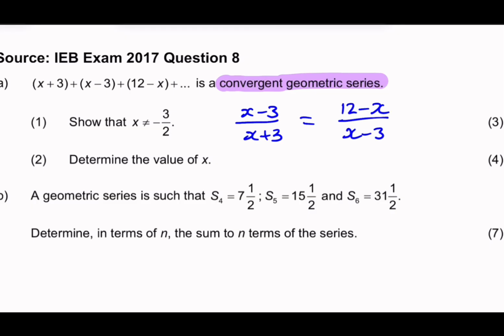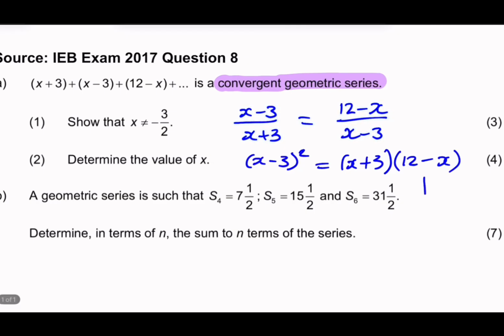And that should be the algebra that you can solve by simply cross multiplying in this situation, allowing you to have (x minus 3) squared equals (x plus 3) multiplied by (12 minus x).